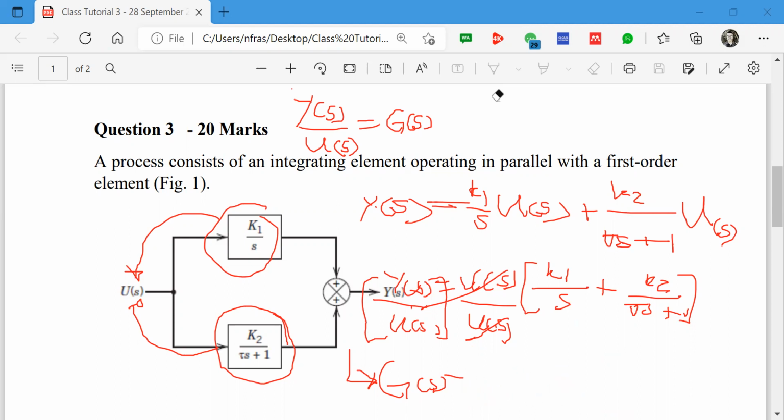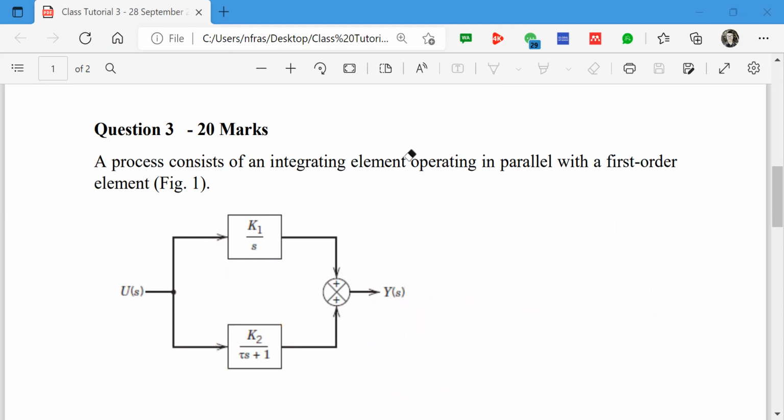All right, let's clear everything. So how do you then manipulate it? What you do is you get your LCM or LCD, whichever. So what you're going to do is multiply both the denominators of each term, and then you're going to have s(tau s plus 1).